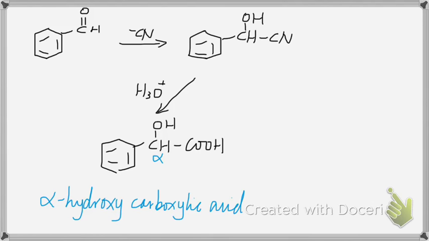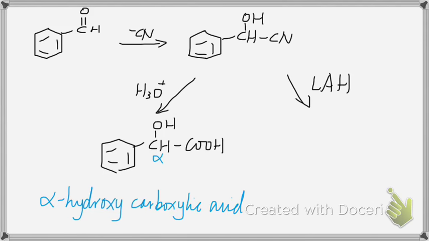And on this carboxylic acid, the alpha carbon has an OH group. So it's an alpha hydroxy carboxylic acid. It makes this particular compound with two useful functionalities.